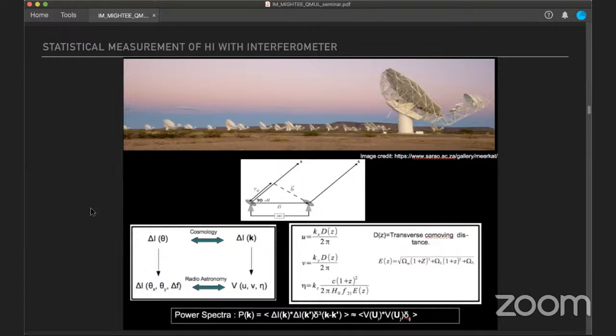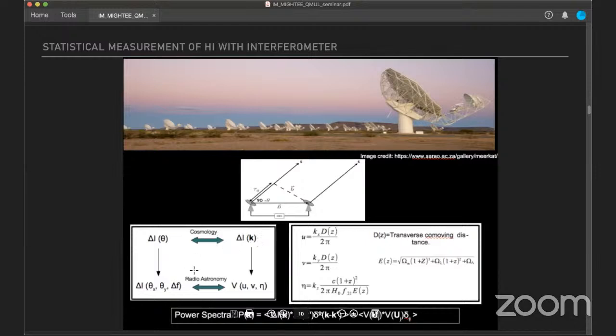So in terms of the cosmology, if you take theta as the real space, we want to study the fluctuation in the real space volume, and k space is the Fourier domain. So the fluctuation in the theta space and the fluctuation in the k space are Fourier pairs.